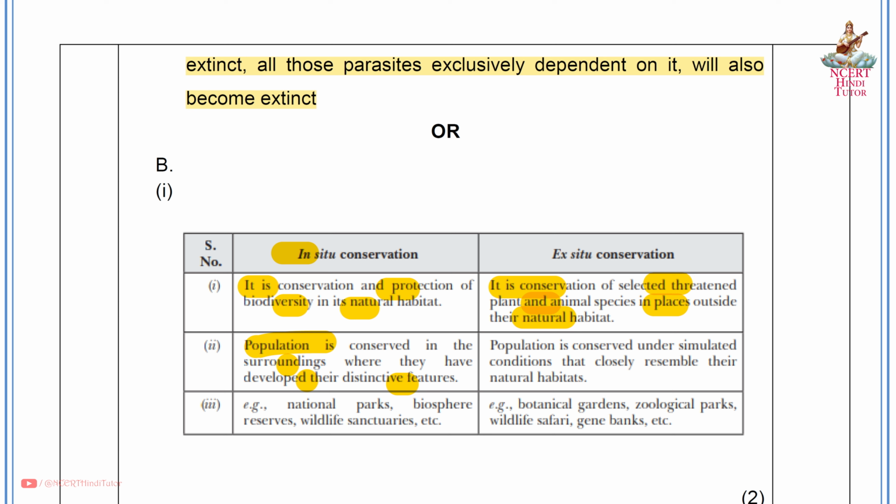Ex situ conservation: population is conserved under simulated conditions that closely resemble their natural habitats. In situ conservation: example, national parks, biosphere reserves, wildlife sanctuaries, etc. Ex situ conservation: example, botanical gardens, zoological parks, wildlife safari, gene banks, etc.